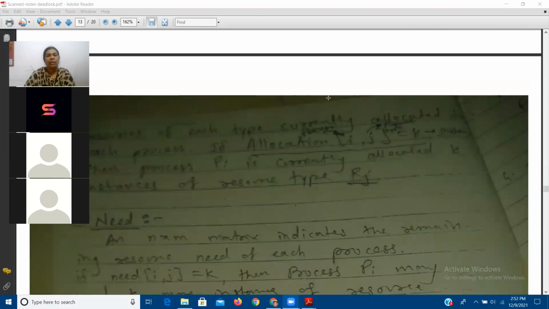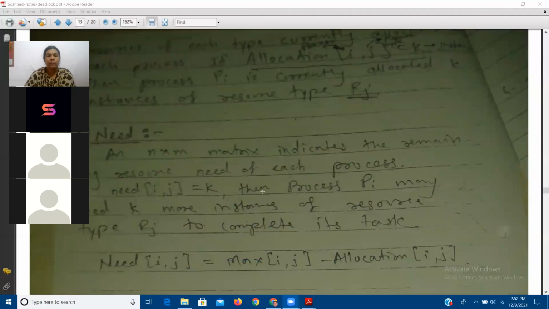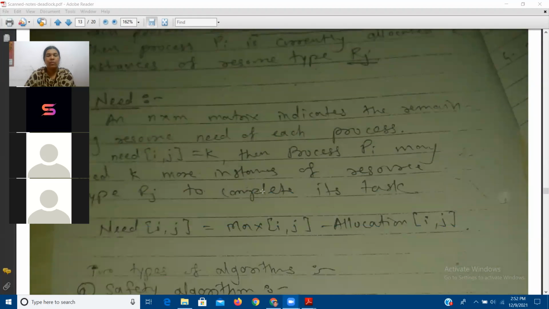Next is Allocation of ij is equal to k, so k instances of resource type j are allocated to process pi. You can directly write these statements. The third data structure is Allocation. And the last one is Need. Need of ij is equal to Max of ij minus Allocation of ij.